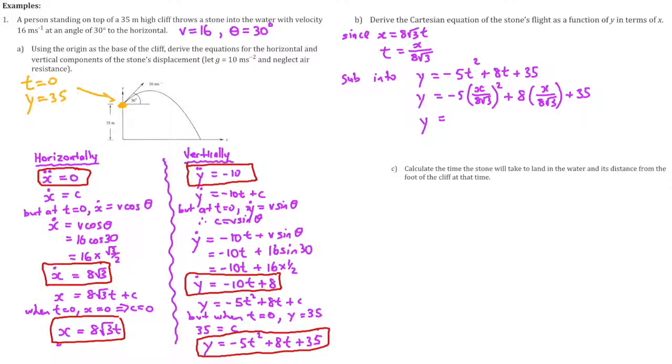Now when I look at this, I'm going to get minus 5 x squared over, now 8 eighths are 64, square root 3 times square root 3 is 3, and 64 times 3 is 192.